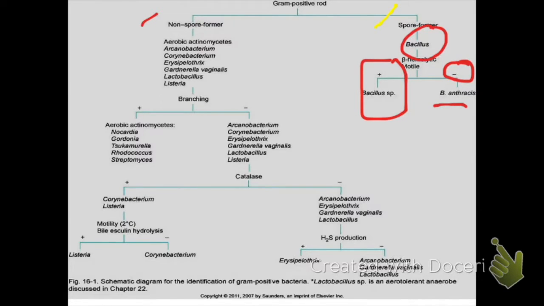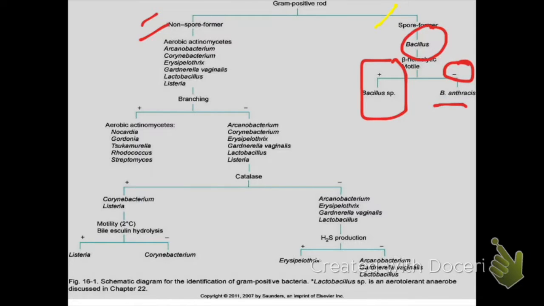Now, under the non-spore former, we have the aerobic actinomycetes, Arcanobacterium, Corynebacterium, Erysipelotrix, Gardnerella vaginalis, which by the way could cause vaginosis, Lactobacillus, and Listeria. So how do we divide them?